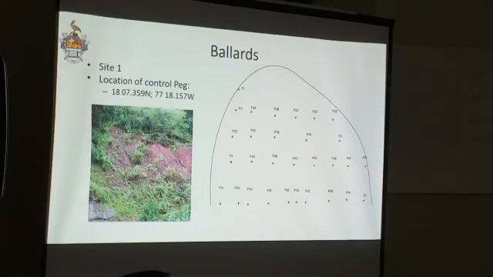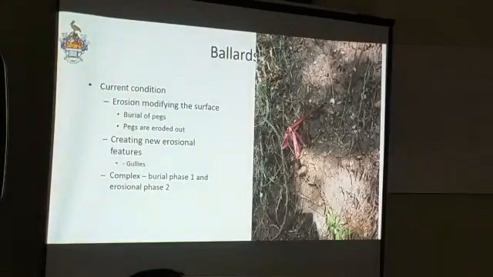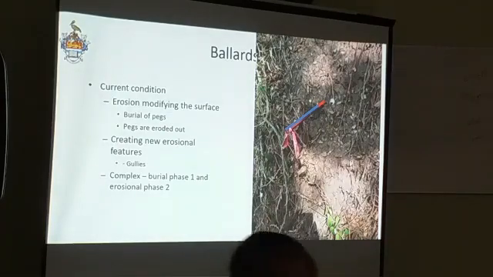Alright, Ballards is an interesting one, because Ballards is where you can actually see erosion going on from one day to the next. So this is one of our pegs, and this is our 20 centimeter. That is what was exposed, and now we can see it has moved. After we did the site, after the yard and grading, there was some amount of movement.